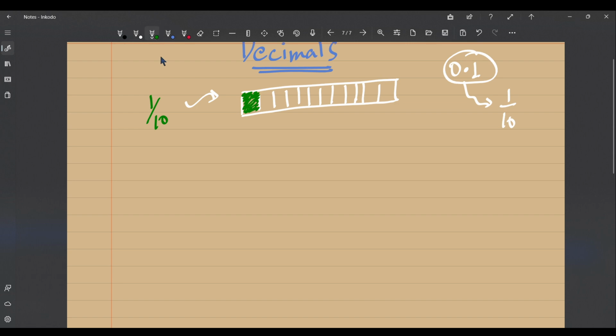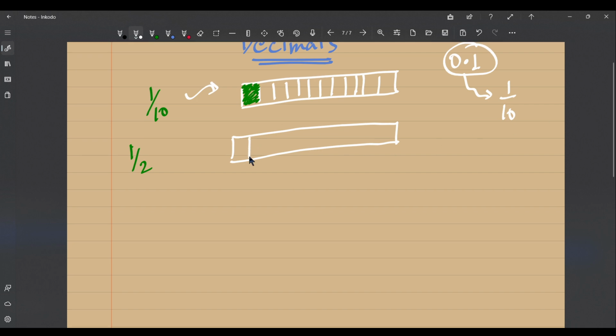So what if we had 1 over 2? Again, we have the number system base of 10, so we'd like to continue that further. Again, I divide it into 10 rectangles, and I give you half of the rectangles. Well, this is half, I think. I don't think I have drawn 10 rectangles specifically, but fine.